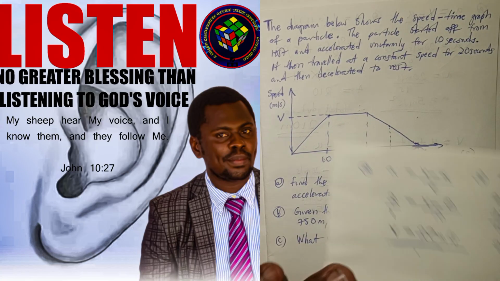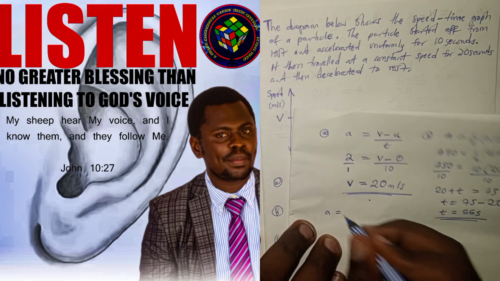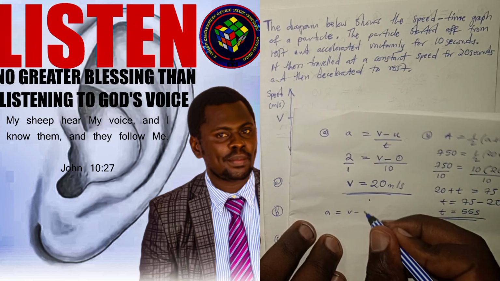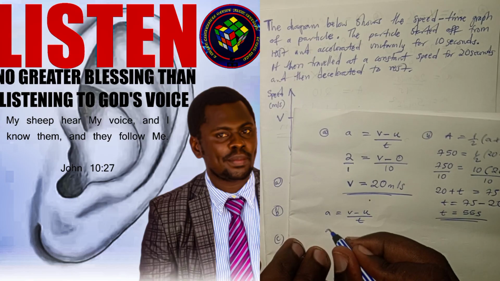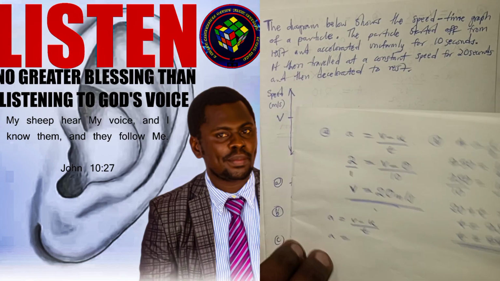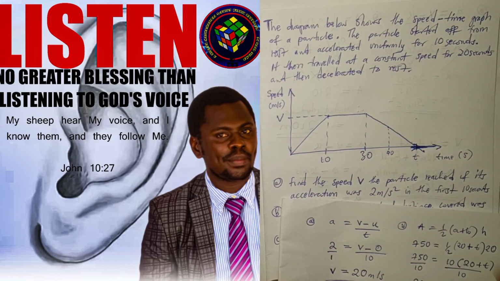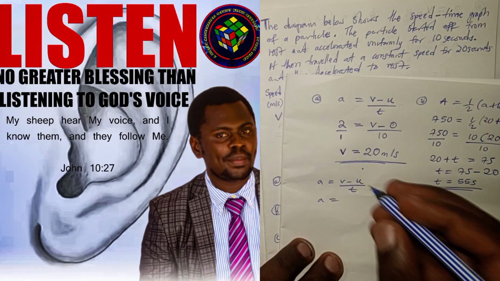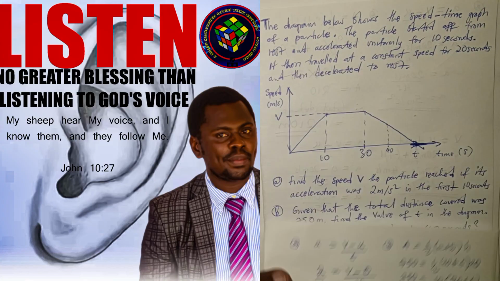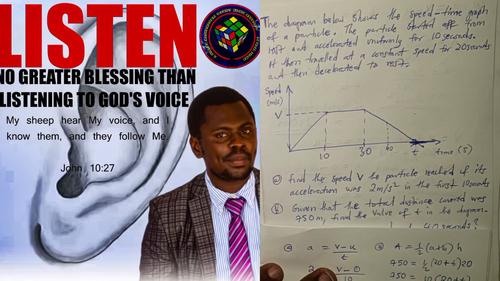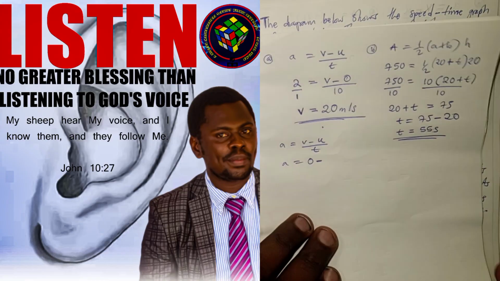So you say acceleration is equal to v minus u over time taken. So acceleration is equal to final velocity, here it's a 0. So we have 0 minus initial velocity. It started at v, and the v we know is 20.